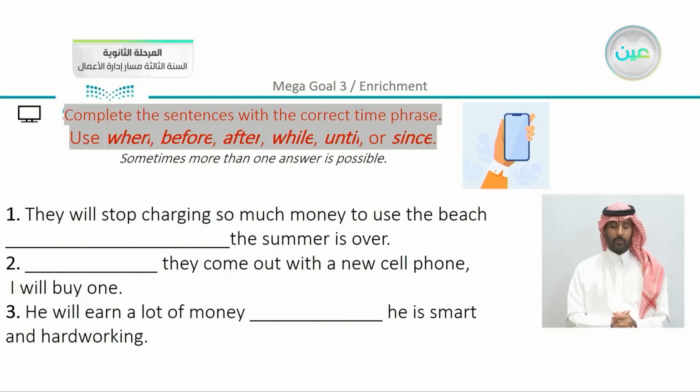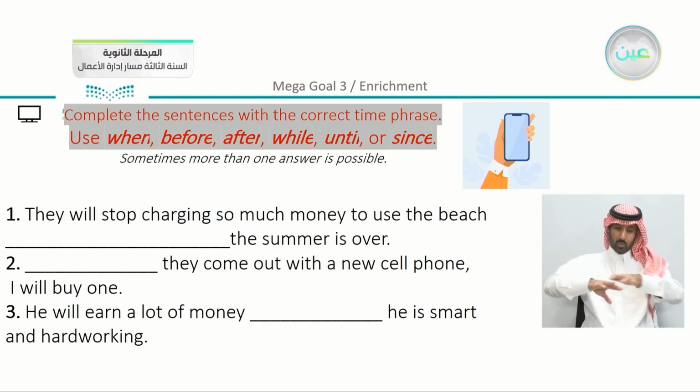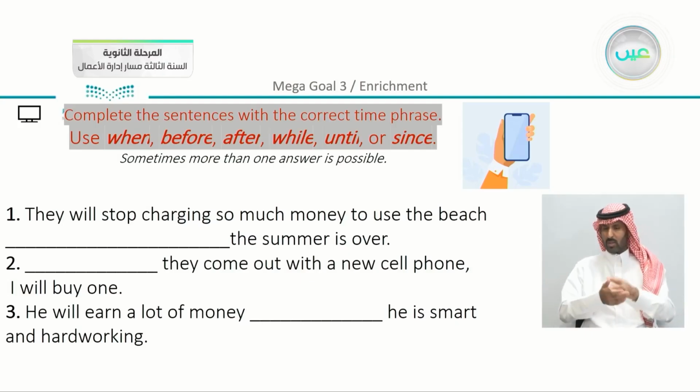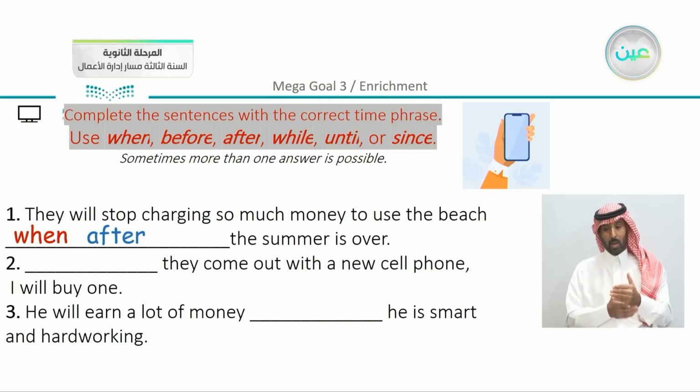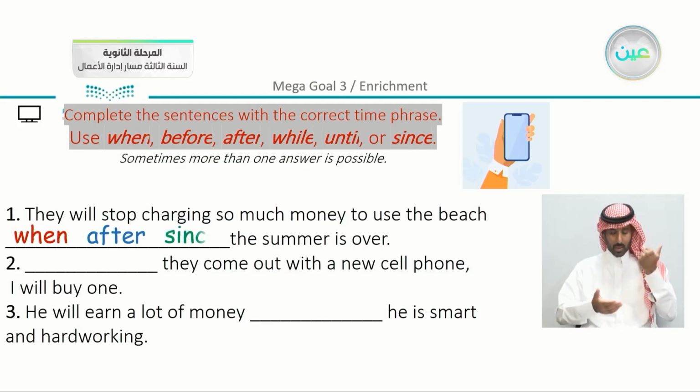Now they will stop charging so much money to use the beach, the summer is over. We can say either when the summer is over, or you can say after the summer is over, or you can say since the summer is over.